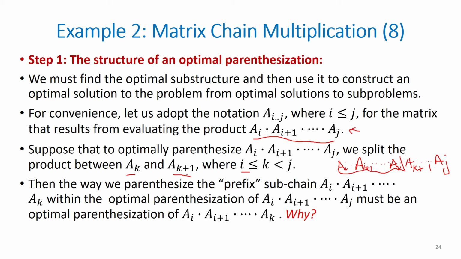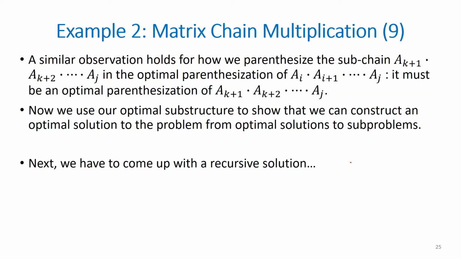So Ai to Ak is a sub-subchain of the optimal parenthesization of Ai to Aj. So for the subproblem to be optimal, its sub-subproblem should also be optimal. A similar argument holds for the sub-subchain Ak+1 to Aj. That is, this sub-subchain should also be optimally parenthesized.